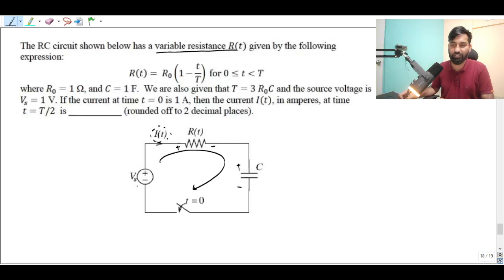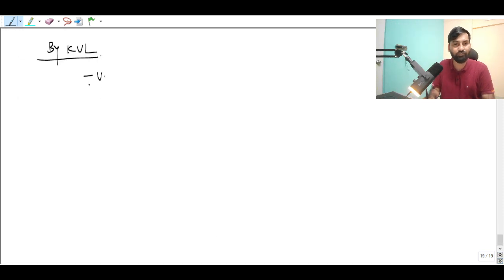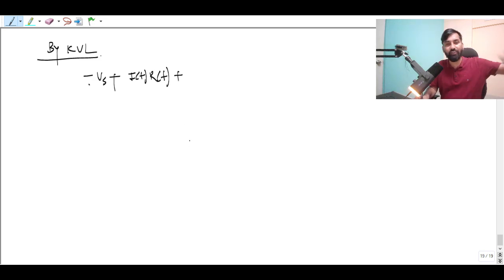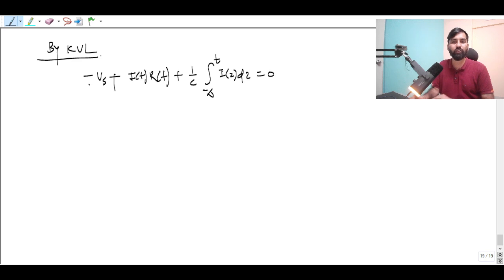So let us write KVL. Minus Vs plus i(t) times R(t) plus, confidently write down the equation, the voltage across the capacitor, which is nothing but 1 by C integral from minus infinity to t of i(tau) d tau, is equal to 0. Now you can take Vs to that side.